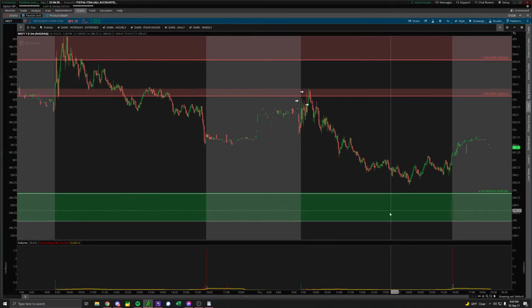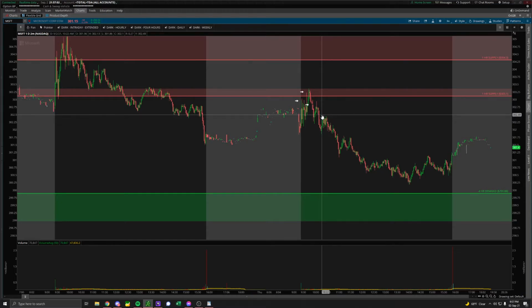If your target's all the way down here and the overall market is bearish, it looks bad, and you see this bounce right here, you've got to get very comfortable sitting through this bounce and just having confidence in your analysis of Microsoft or the stock and the overall market.